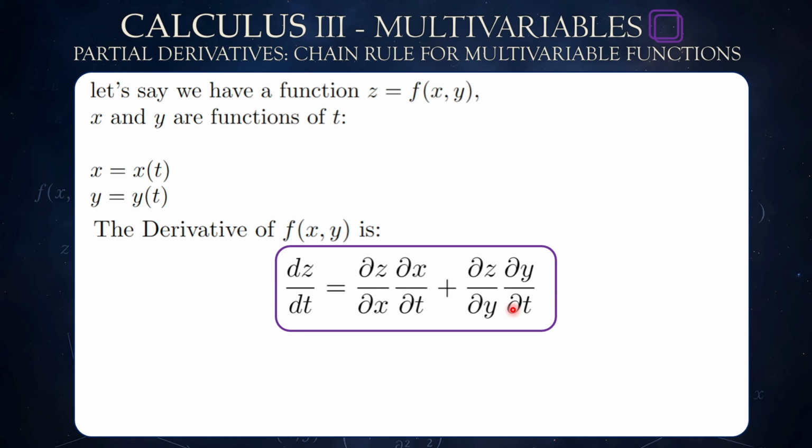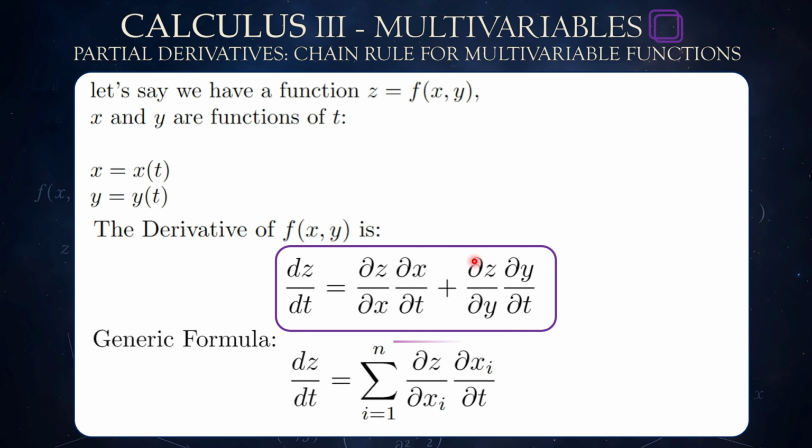What this means is the derivative of z against t is equal to the partial derivative of z with respect to x times the partial derivative of x with respect to t, plus the partial derivative of z with respect to y times the partial derivative of y with respect to t.